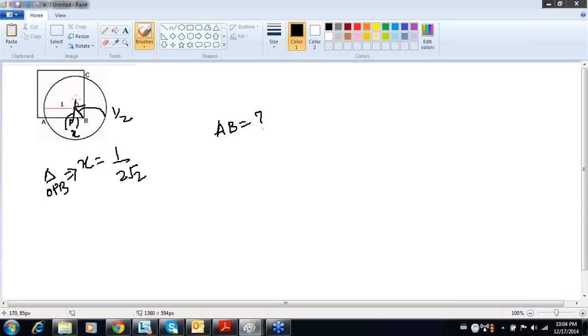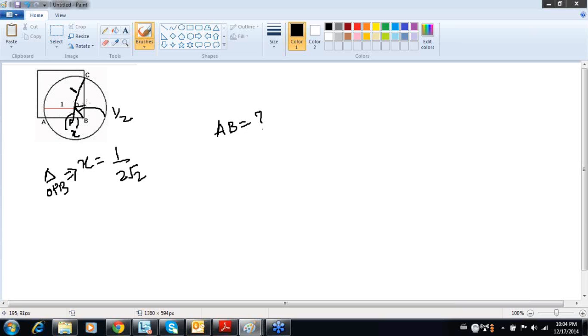AB will be equal to BC, so extend it to this. From O to C, this value will also be 1, because it is the radius of the circle.